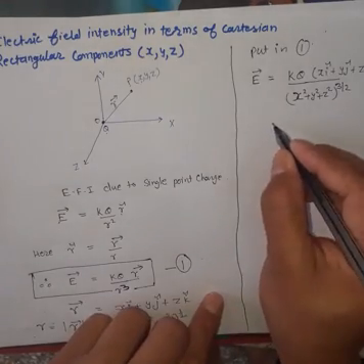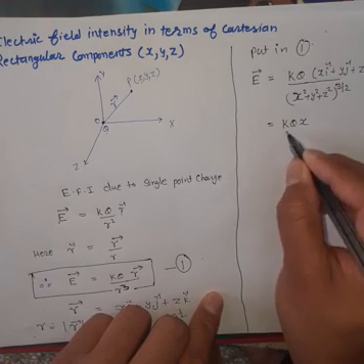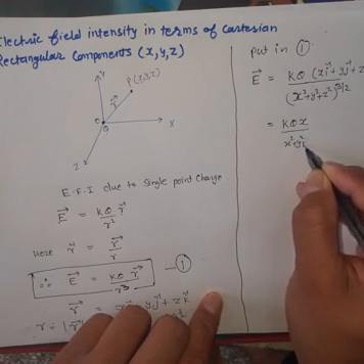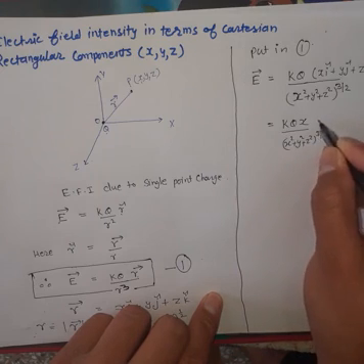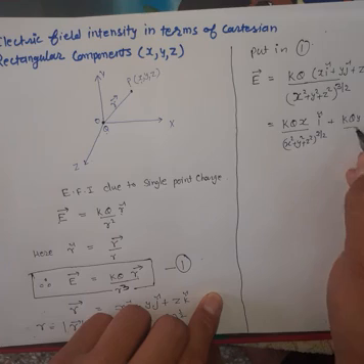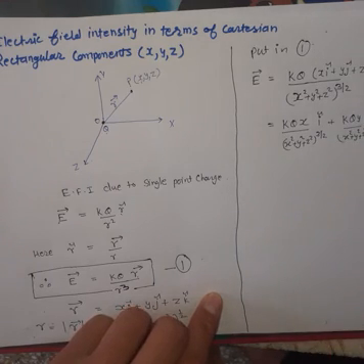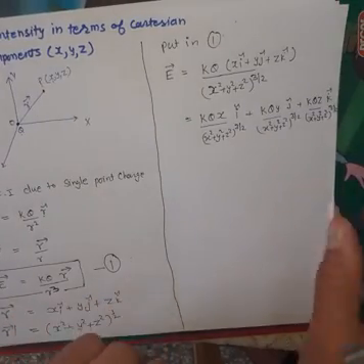Therefore I can have kq x upon x square plus y square plus z square whole to the power 3/2, it is the i unit vector, plus kq y upon x square plus y square plus z square whole to the power 3/2, it is the j unit vector, plus kq z upon x square plus y square plus z square whole to the power 3/2, it is the k unit vector. So I made the multiplication inside the bracket.